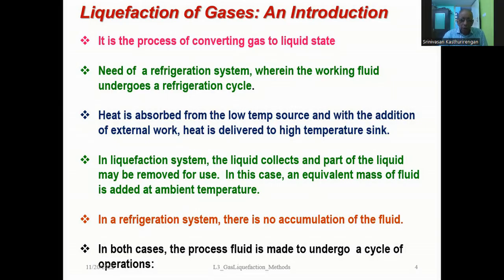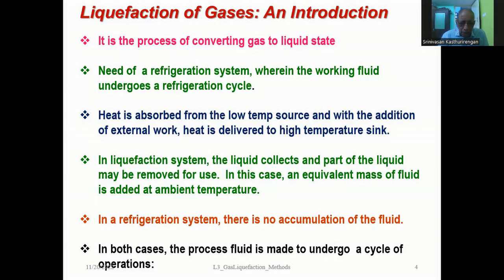So essentially, we need a refrigeration system wherein the working fluid should undergo a refrigeration type of cycle. Heat should be absorbed at a low temperature source, and with the addition of external work, heat is delivered at the high temperature sink.